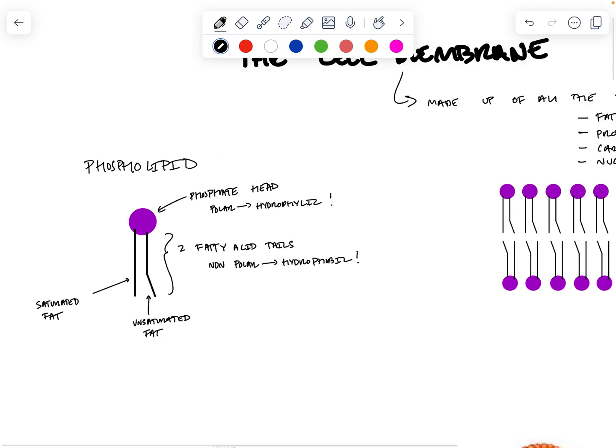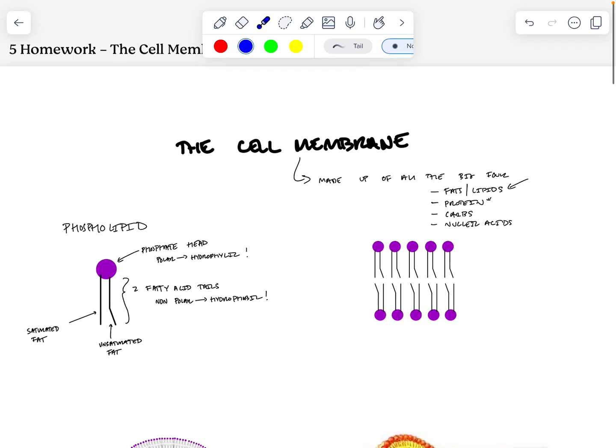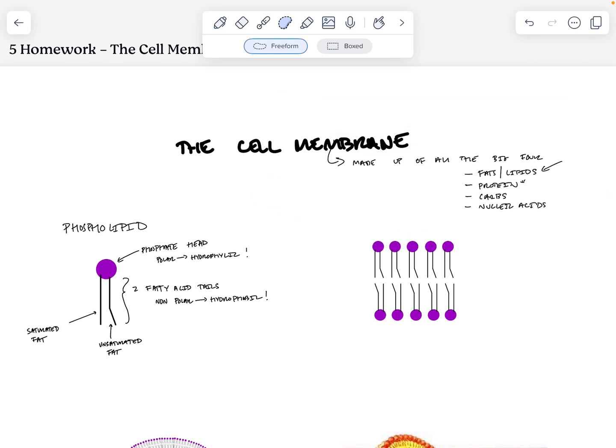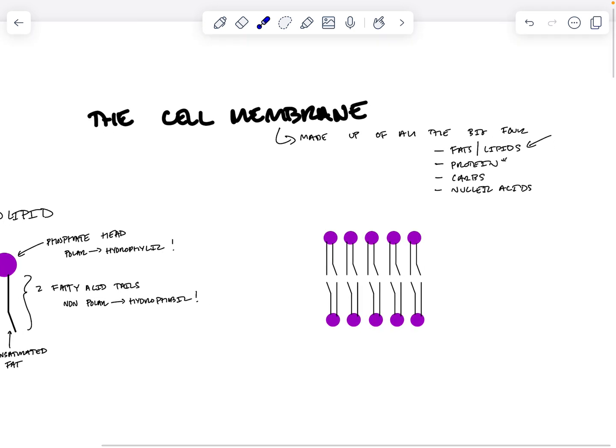Okay, so the cell membrane is composed of hundreds of thousands of phospholipids. When you take a phospholipid and you get a bunch of them together, they start to aggregate in a way that is very predictable. They form a bilayer.